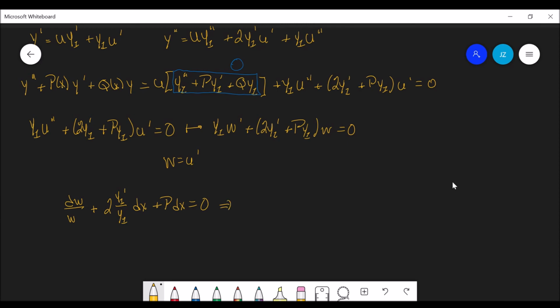This will give us the natural log of the absolute value of w y1 squared is equal to negative integral p dx plus a constant c, which is w y1 squared equals some constant times e to the negative integral of p dx.